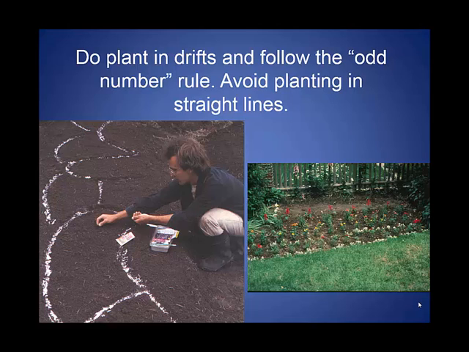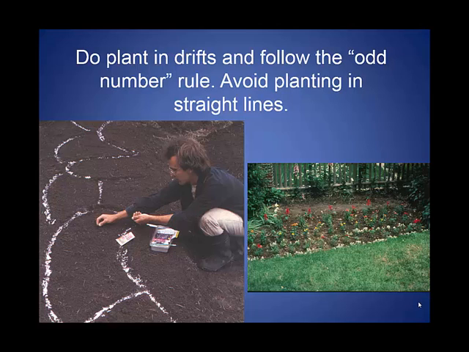So rather than trying to be super orderly, planting in mass, you're going for impact. You also want to avoid doing 2, 2, and 2 of everything. Mother Nature is pretty random.